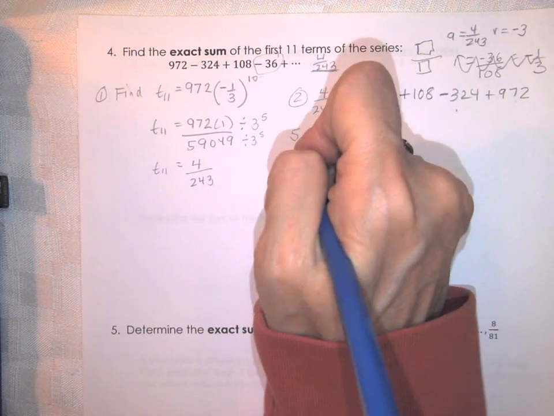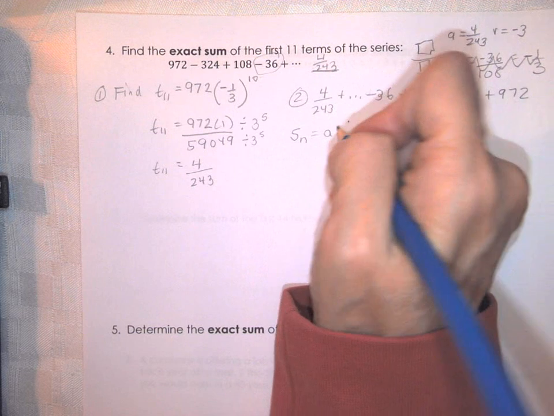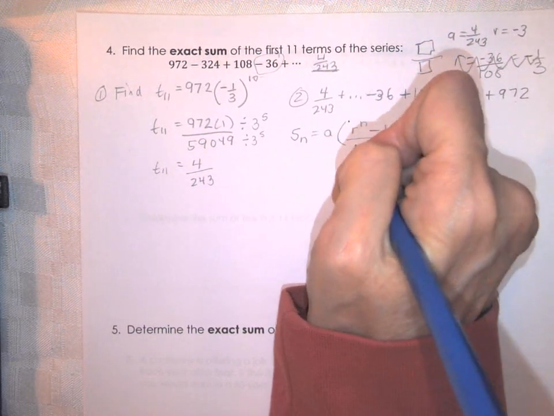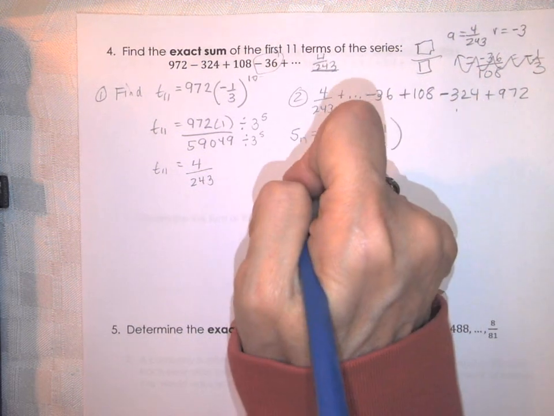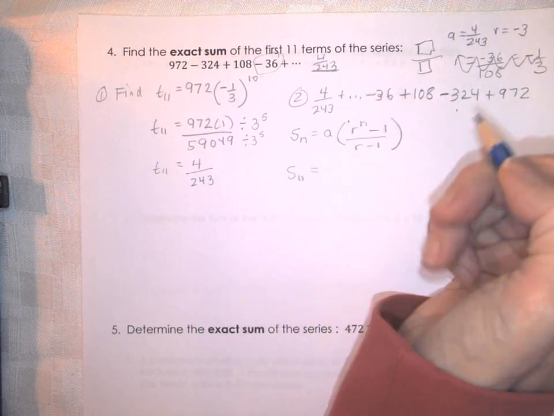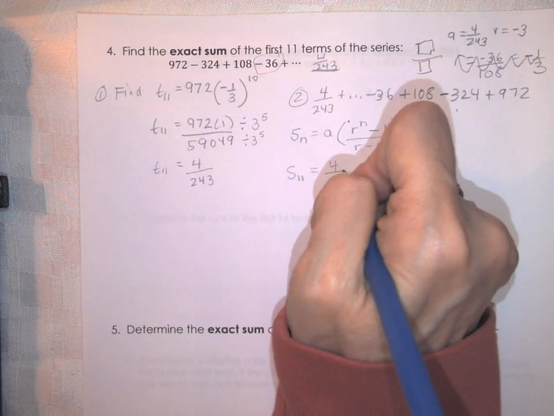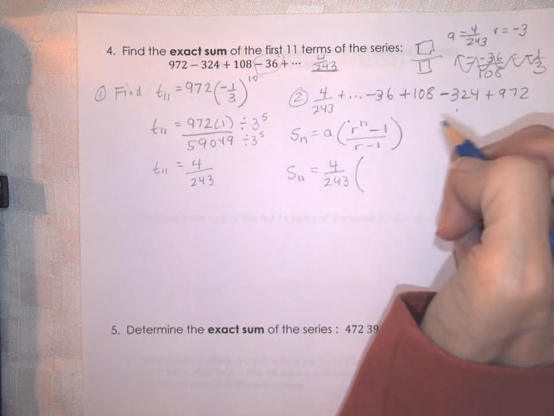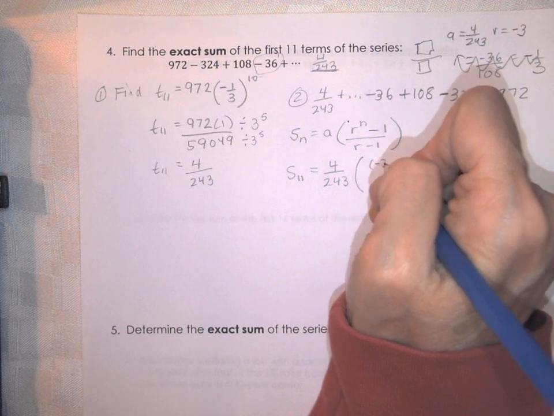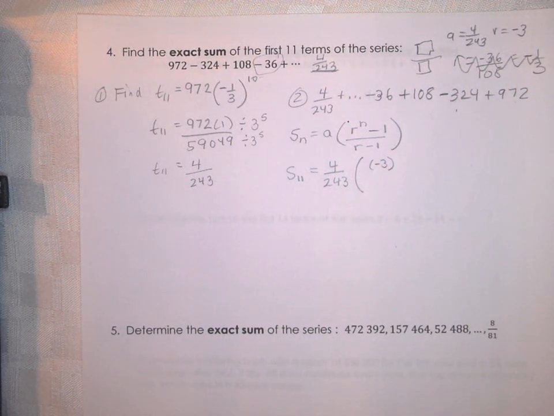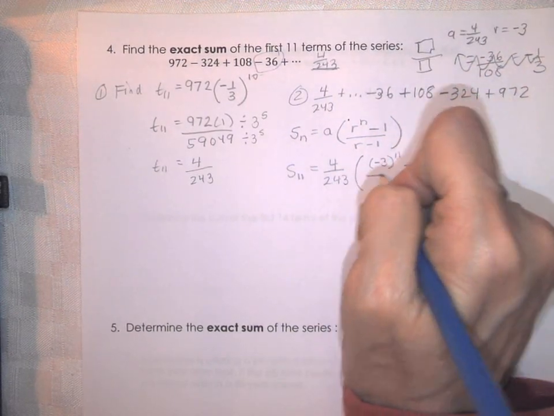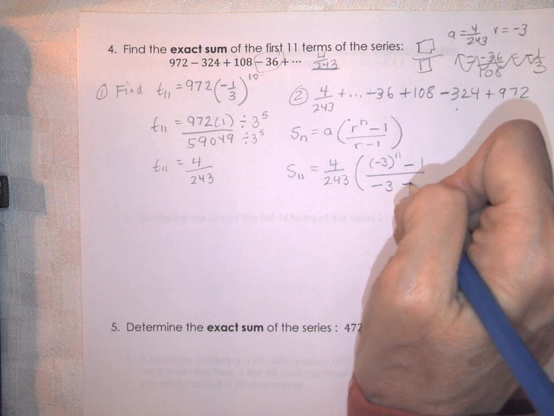So Sn equals A R to the power of n minus 1 over R minus 1. So sum of the first 11 terms is going to be A, which is our 4 over 243, times r, which is -3, and when I'm putting -3 to an exponent, you need brackets around the -3, and that's to the power of 11 minus 1 over -3 minus 1.